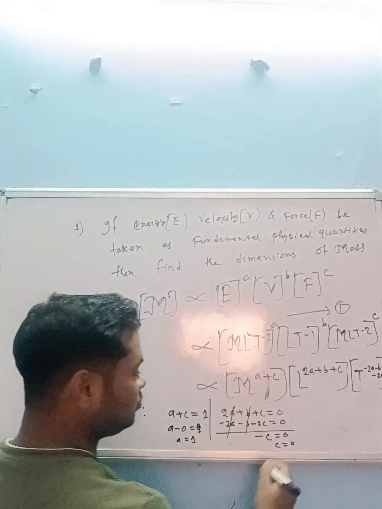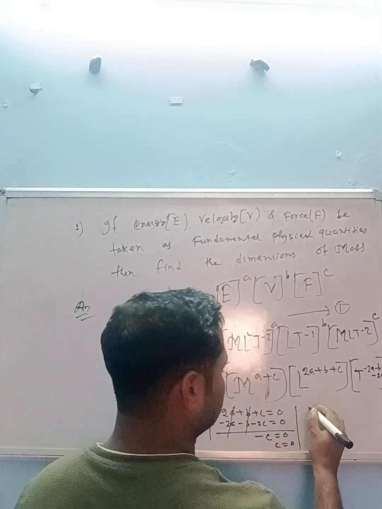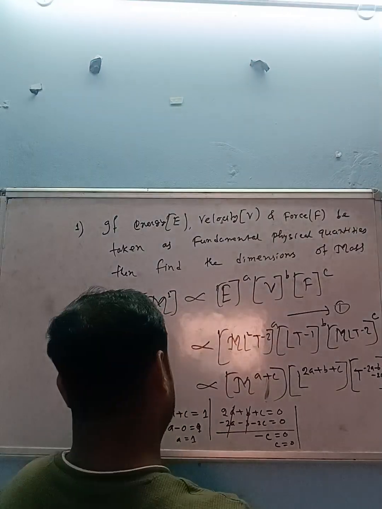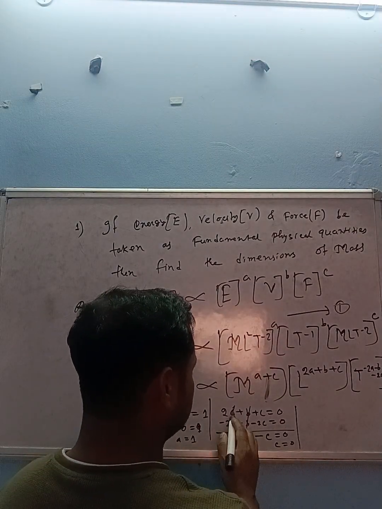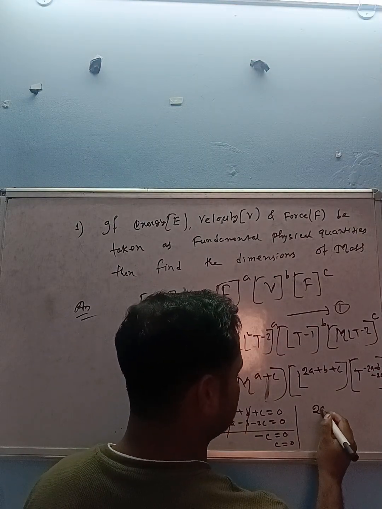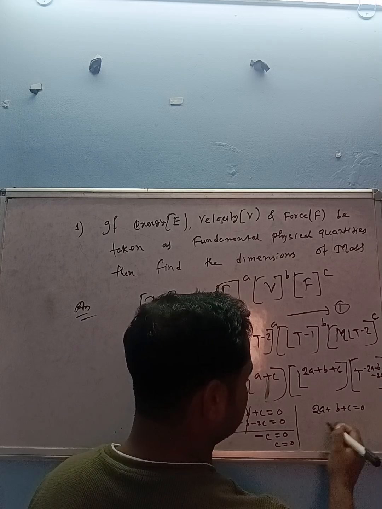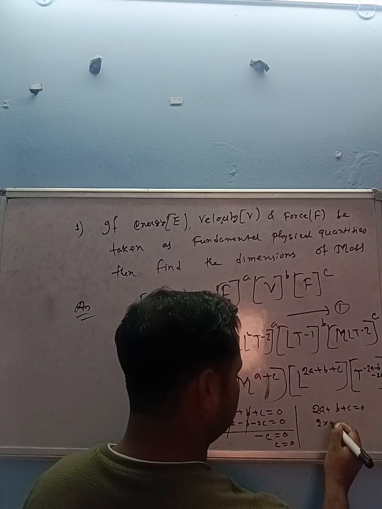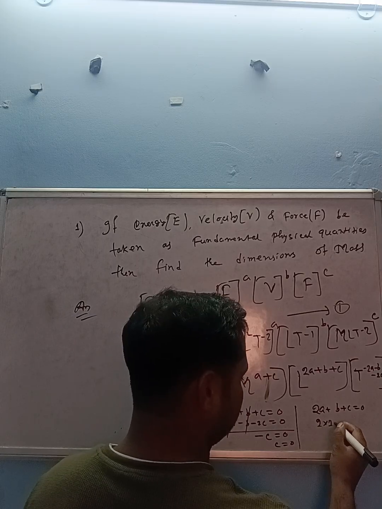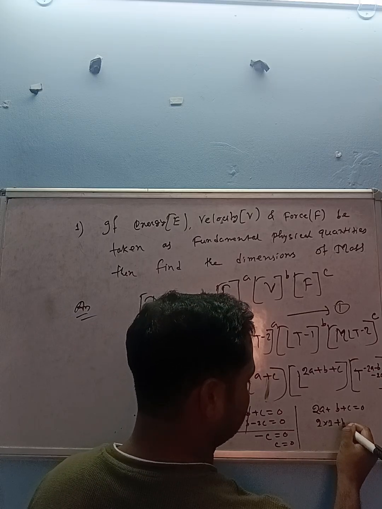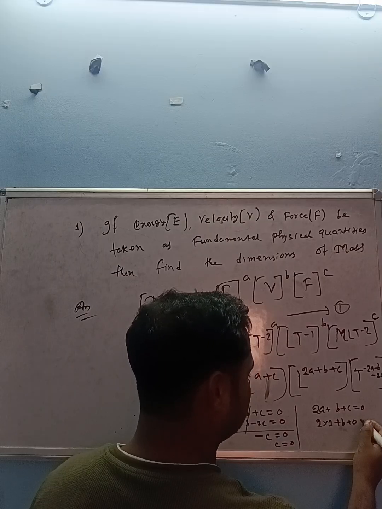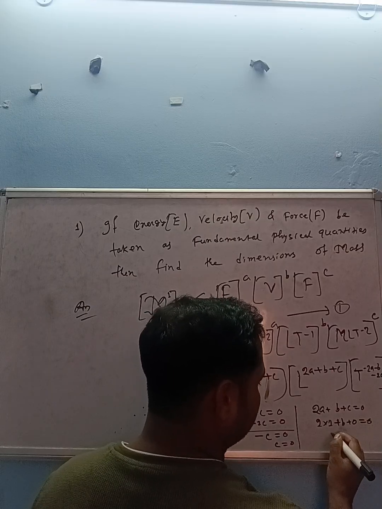Okay. Next, putting the value of a equals 1 and c equals 0 in the given equation 2a plus b plus c equals 0: 2 times 1, b is unknown, c is 0, equals 0.